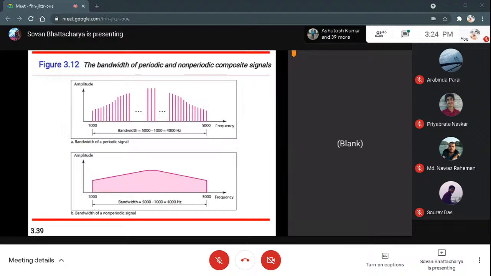Now the bandwidth is the higher frequency minus the lower frequency. I have already told you, this is your bandwidth.